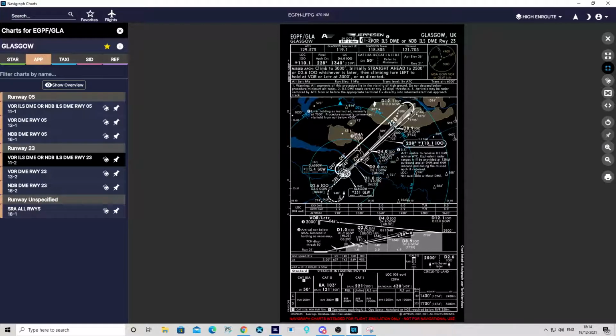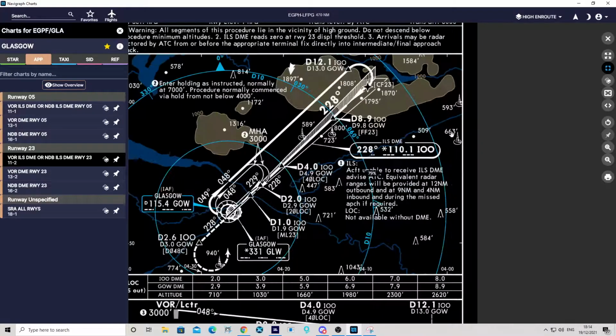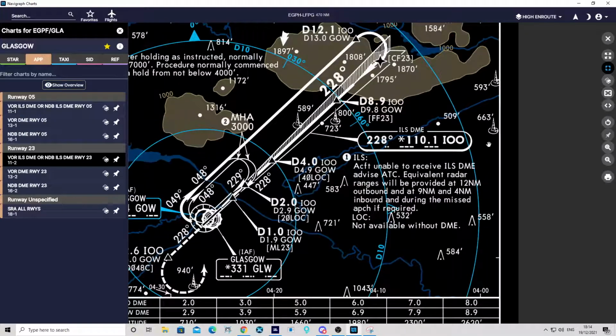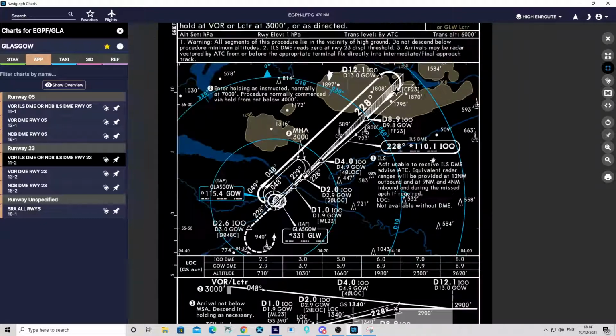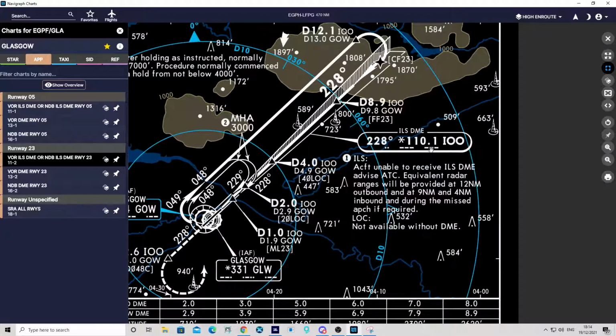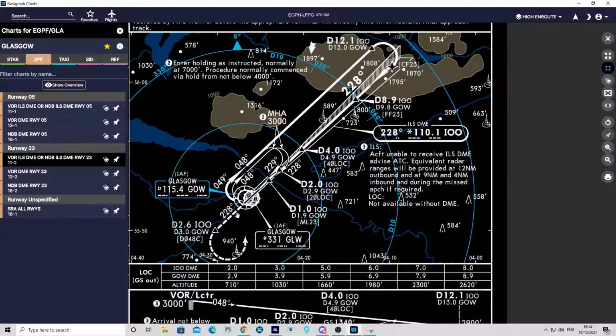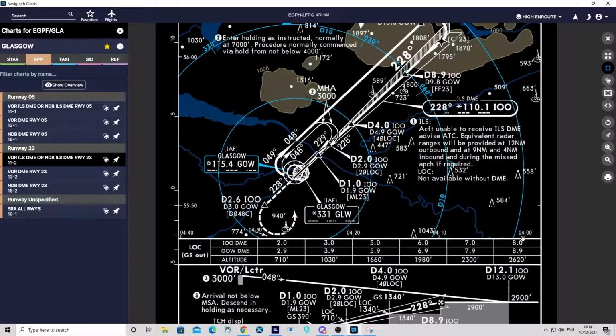So if we look at the Glasgow IOO, you see here you've got that, and then you'll see that says ILS DME. Okay. So now we know that when we tune into 110.1, you should have a DME readout. And then you can see India Oscar Oscar has the distance altitude cross checks.